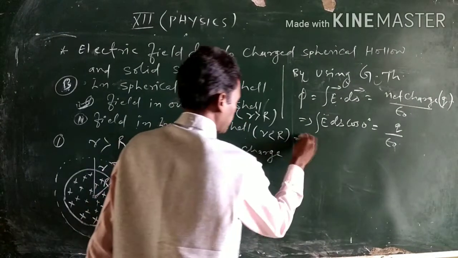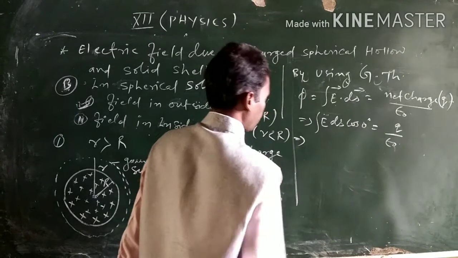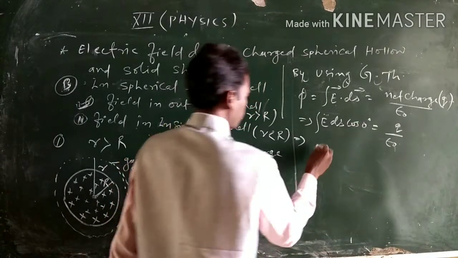Here E dot ds is E ds cos 0 degree, and cos 0 degree has value 1, so that's E.